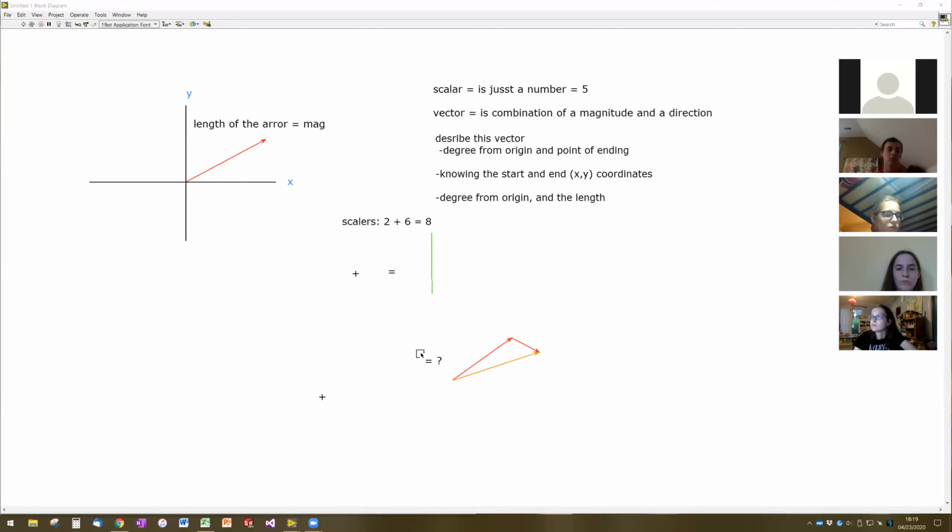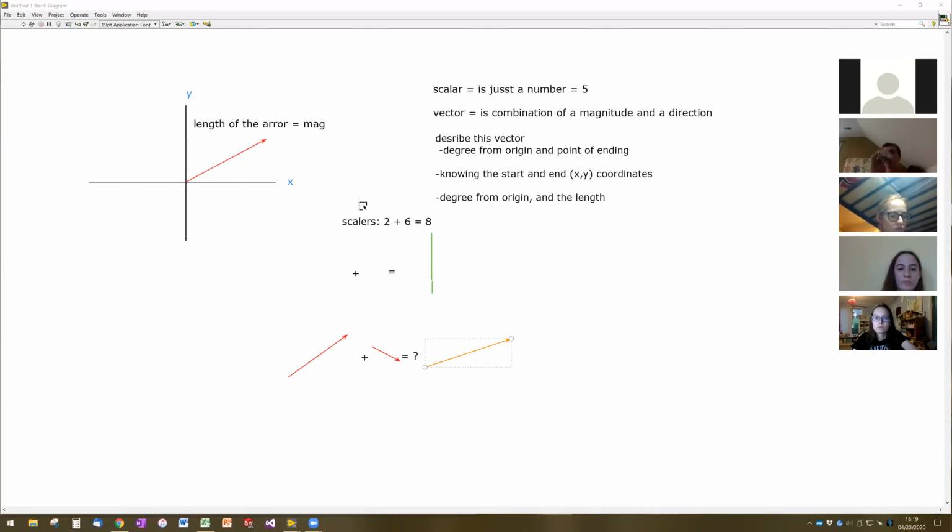Just to make that super clear, that plus that equals that. Does everyone see graphically how that works? Any questions on that?